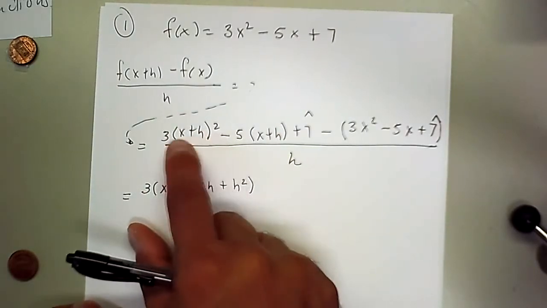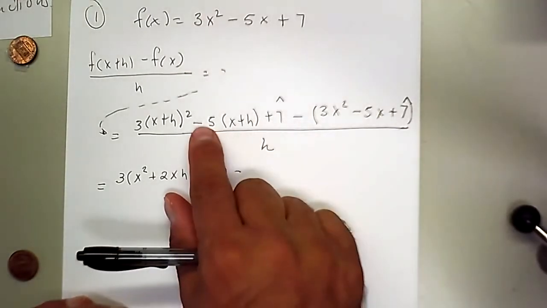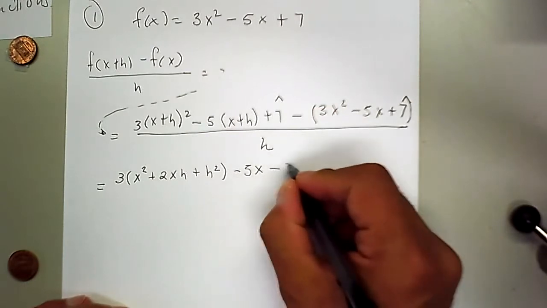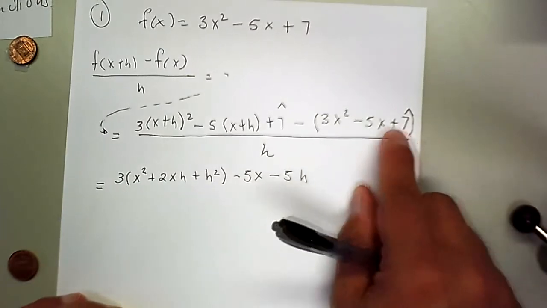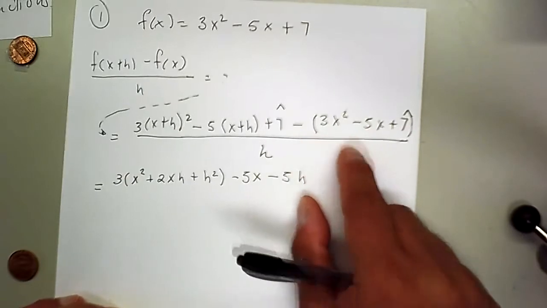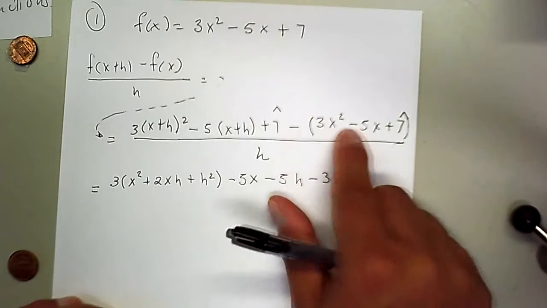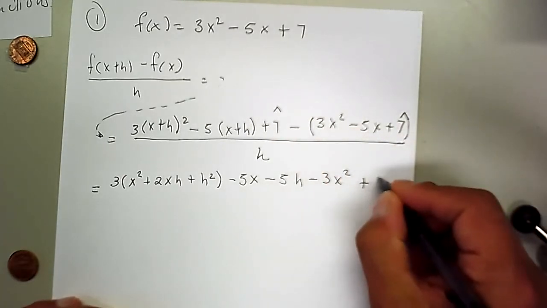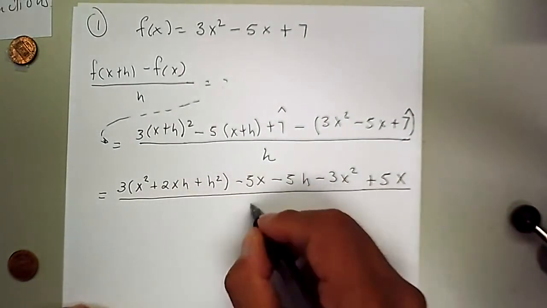So we're squaring this quantity. Minus, so we're going to distribute this over the x plus h, 5x minus 5h. All right, the 7 is gone. We distribute this negative over the other two that are left, minus 3x squared. And then we have a double negative situation going on here, so that is plus 5x. All of that over h.